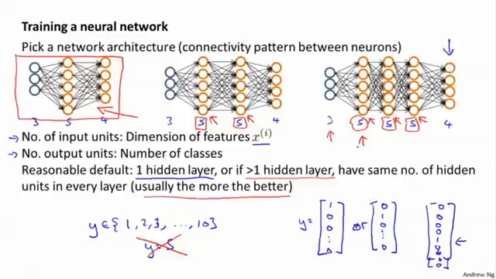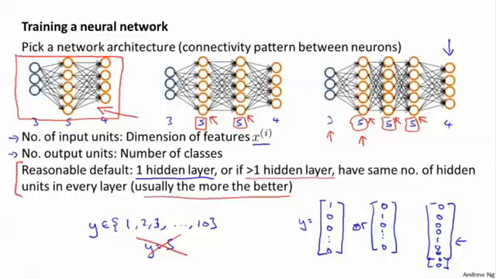So having a number of hidden units comparable to, or several times bigger than, the number of input features is often a useful thing to do. So hopefully this gives you one reasonable set of default choices for network architecture. And if you follow these guidelines, you probably get something that works well.